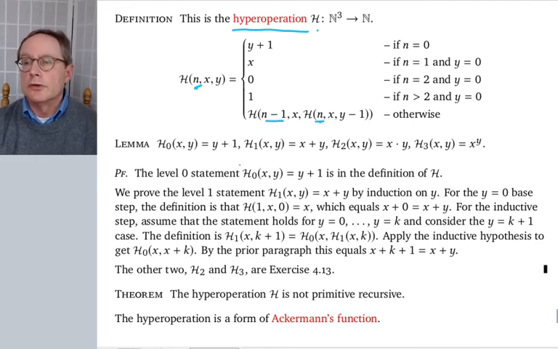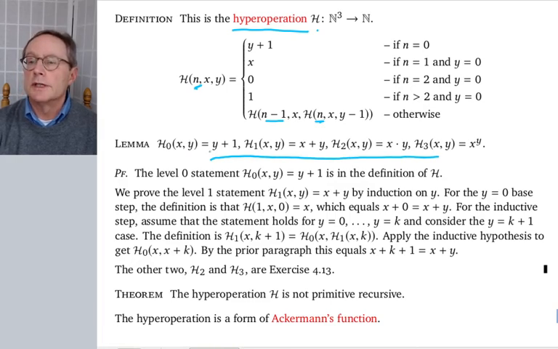And then you go through the lemma here. It says that indeed H of 0 is successor, H sub 1 is plus, H sub 2 is product, H sub 3 is power. And I'm not going to talk those through, but they're pretty clear. Prove them by induction on y kind of stuff.